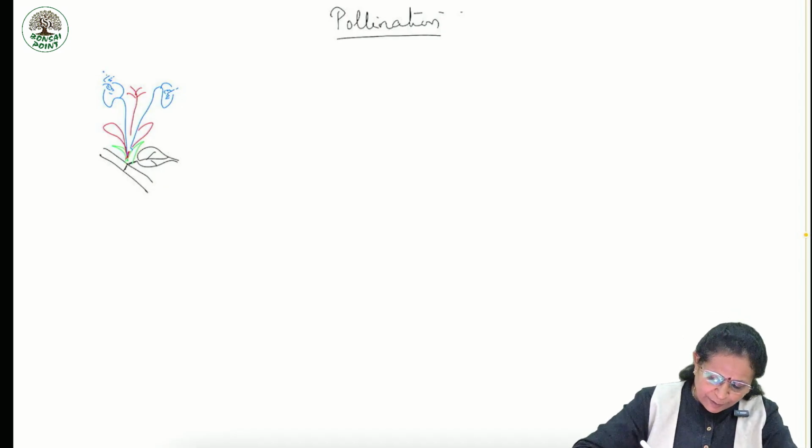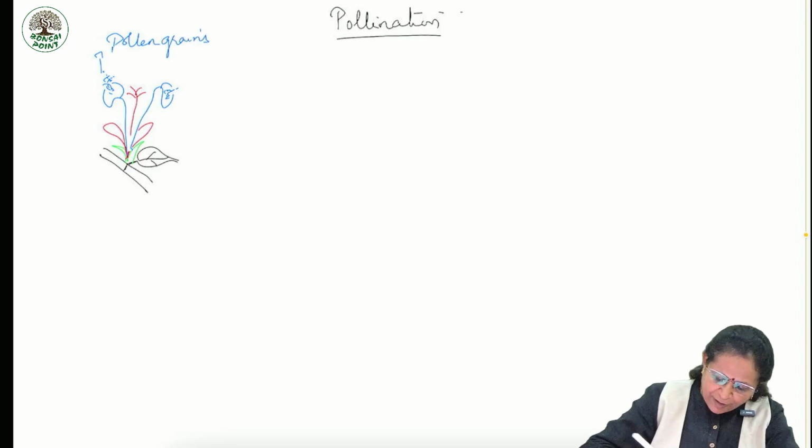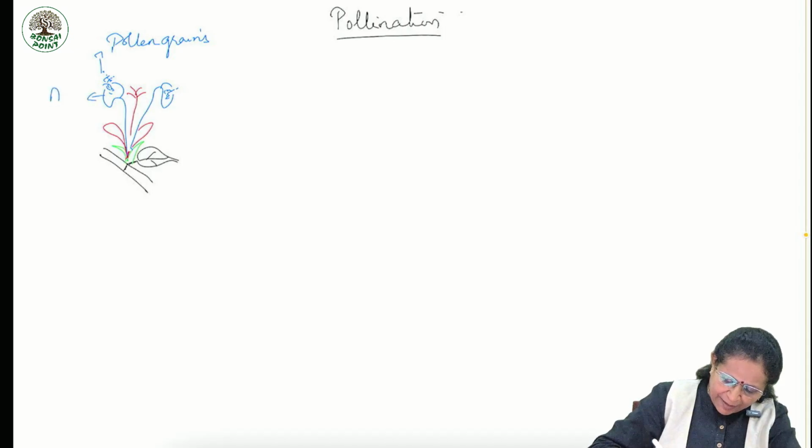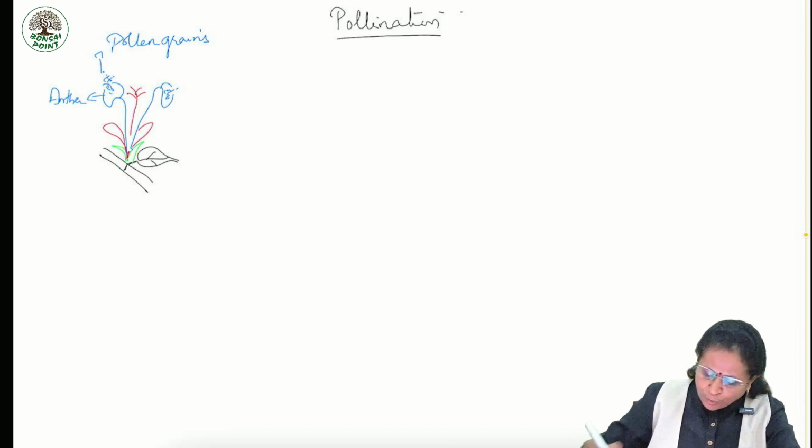So, if these are the pollen grains, let me label this as pollen grains. Transfer of pollen grains from where? From the anther, okay, this is the anther. Where to?